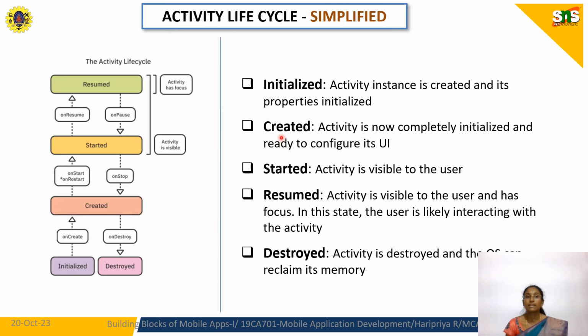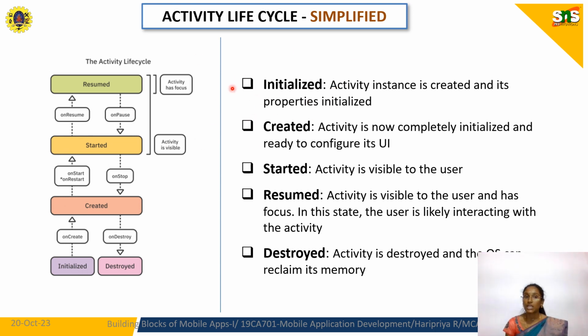Next is the activity life cycle. How does the life cycle apply on our mobile phone? The first time we buy a mobile phone, we register with our email id, mobile number and all those things, in a new application.